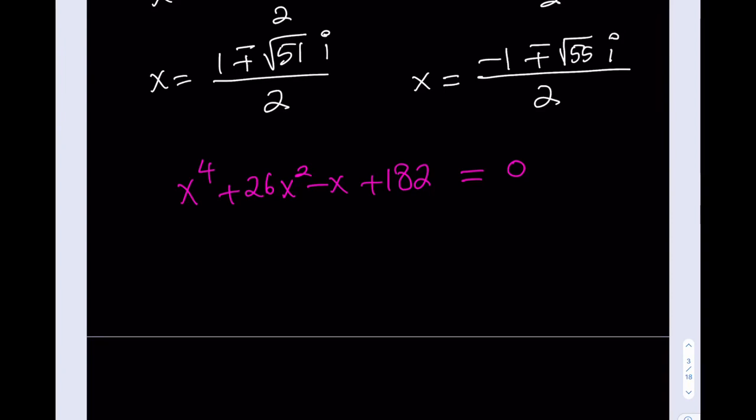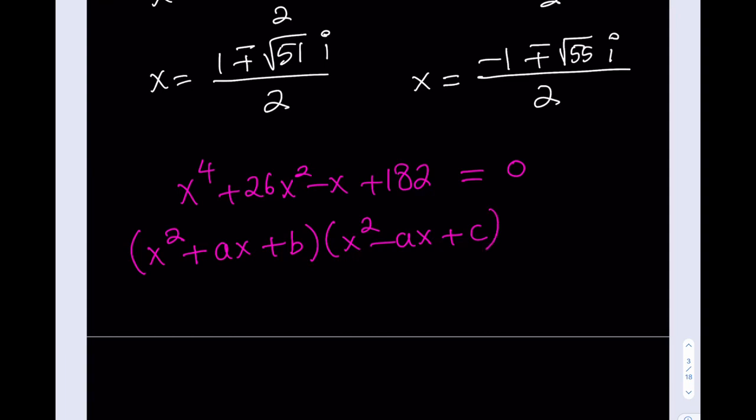Remember, I told you when the x cubed is missing, it is a good thing. So what do we do in that case? Well, here's what I'm going to do. If there are some solutions, hopefully I can factor this, right? And you will notice that it's factorable. Maybe you already did. So what I'm going to do is I'm going to try to write this equation as follows. x squared plus ax plus b multiplied by x squared minus ax, and I'll tell you in a little bit why that's the case, plus c.